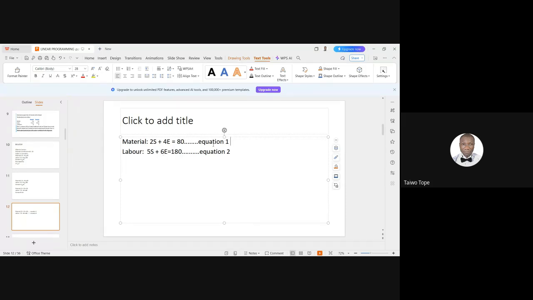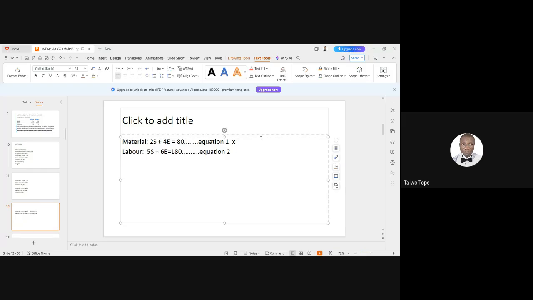So what can you multiply by equation 1 to get the same value? Equation 1 can be multiplied by 6, and equation 2 can be multiplied by 4, to make the values of e equal.